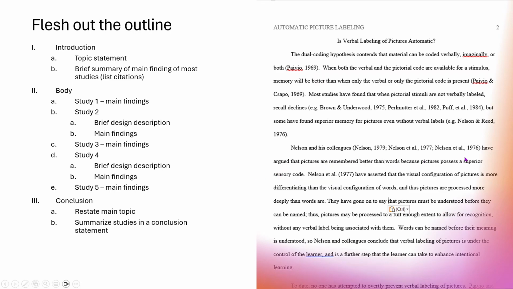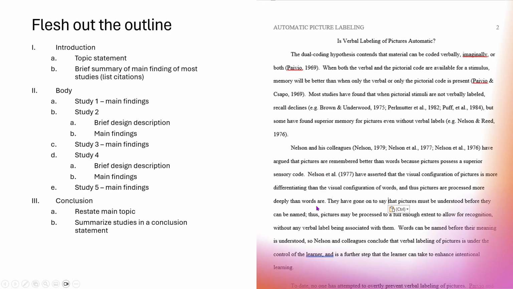But what you're seeing is a whole bunch of citations of the same basic structure. And then this author goes on to start talking about just the Nelson et al. 1977 study. Here we have them being introduced. Down here, it's still Nelson et al. 1977, and the author just made it really clear that they, Nelson et al., have gone on to say.